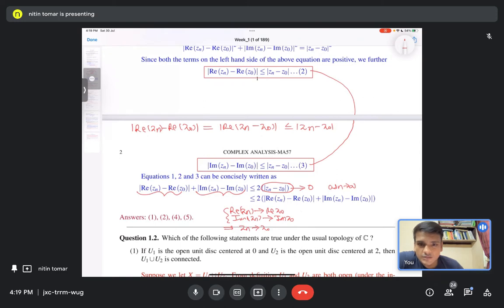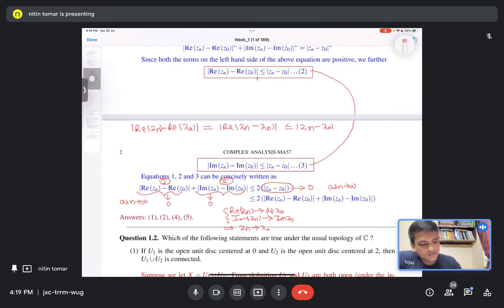And if the sum of two positive numbers is going to 0, then each of them has to go to 0, which implies this is going to 0 and this is going to 0 as n goes to infinity. So the first part gives that the real part of zn goes to the real part of z naught, and the second part in the sum gives the same information about the imaginary part.